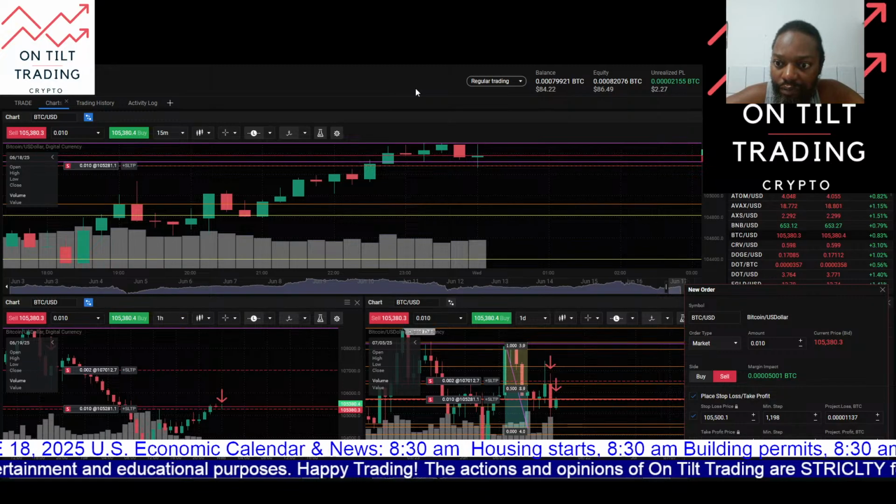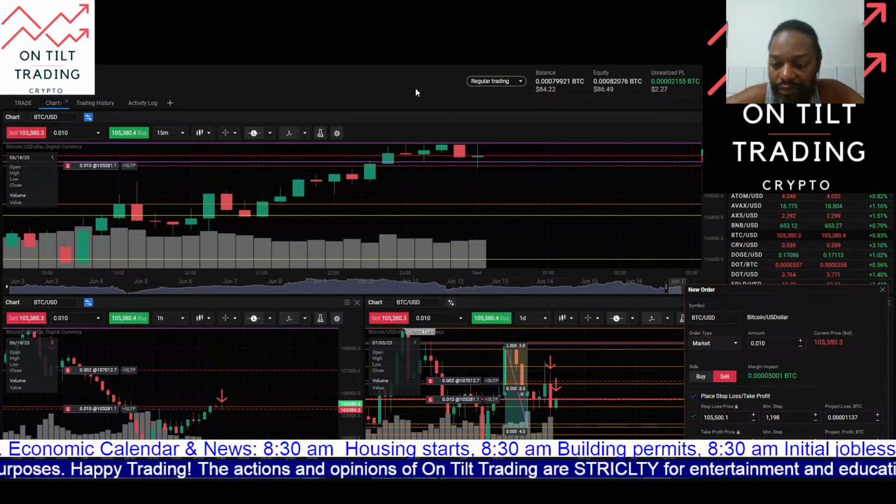Price still being delivered to the sell side, showing weakness in this candle.